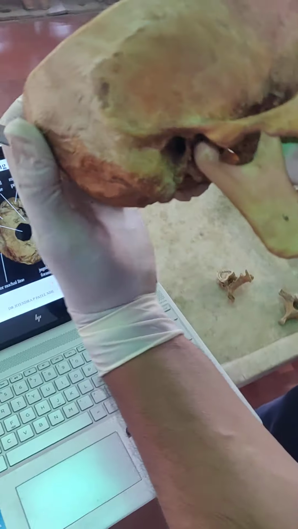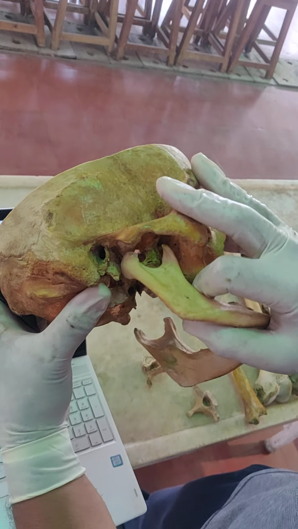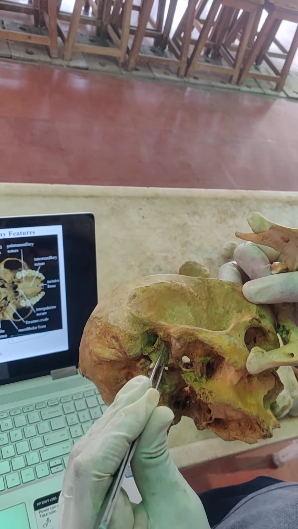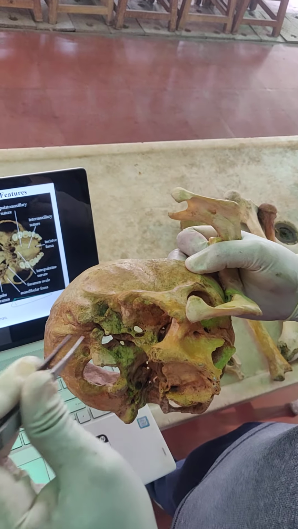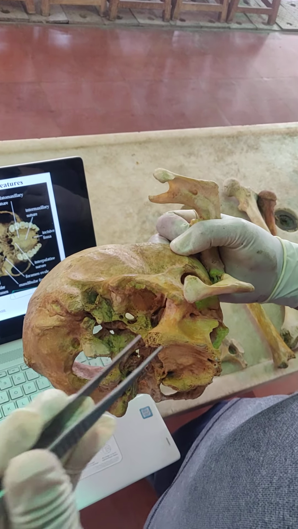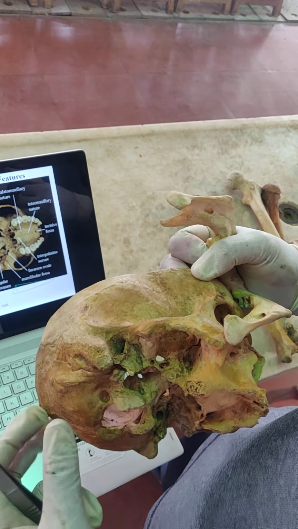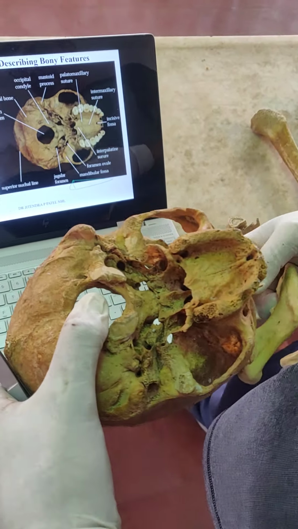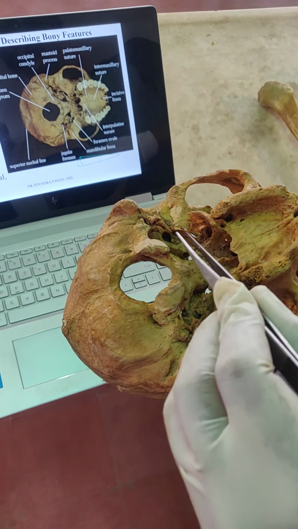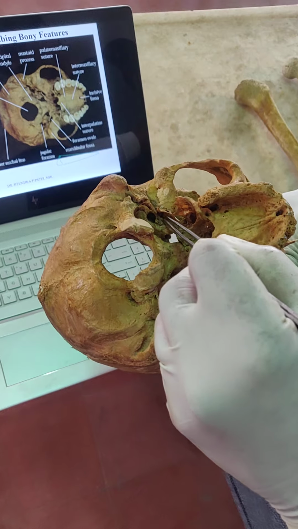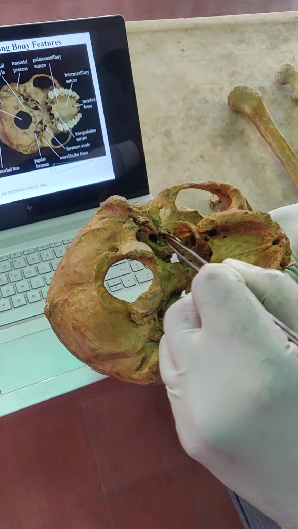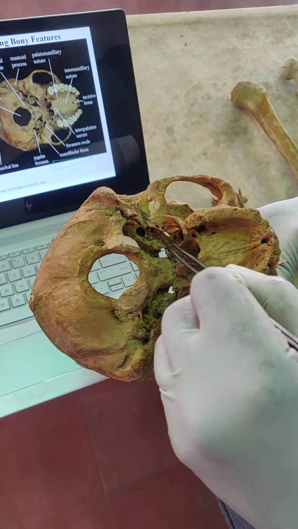I will keep it in the anatomical position. So this is the mandibular fossa. Wherever there is a groove, it is called a fossa, fovea, or groove. Here you can see this is the auditory sulcus. This is also a groove, where the auditory tube lies. So it is called the sulcus.